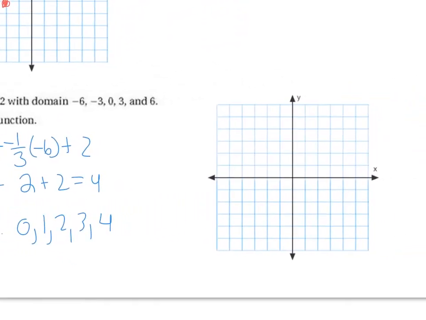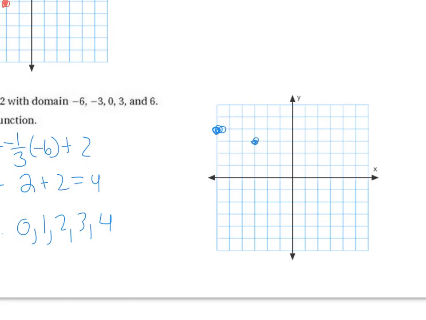So we graph negative 6, 4. 1, 2, 3, 4, 5, 6, positive 4, 1, 2, 3, 4. And then we graph negative 3, 3. So you go 1, 2, 3, 1, 2, 3. Okay?